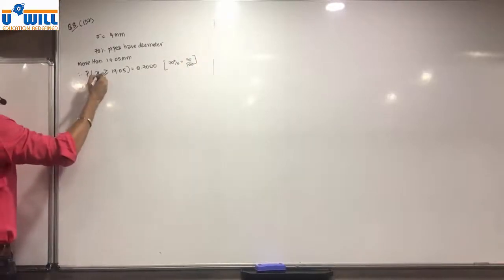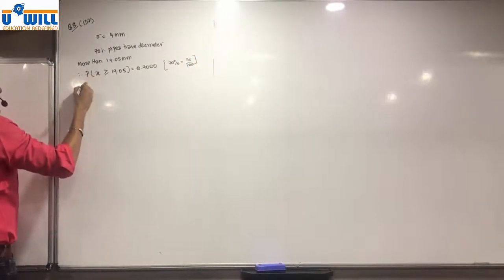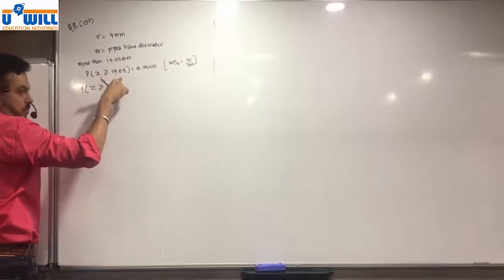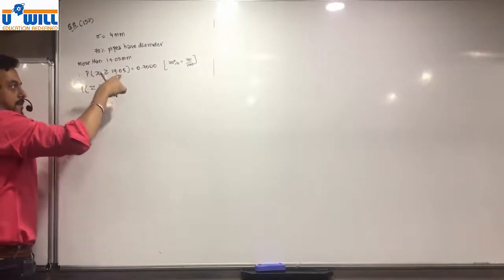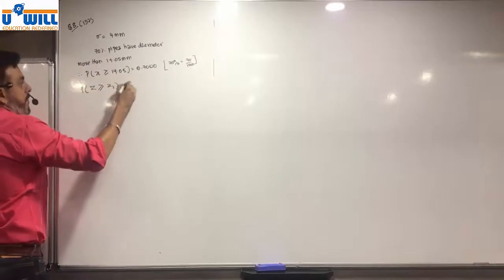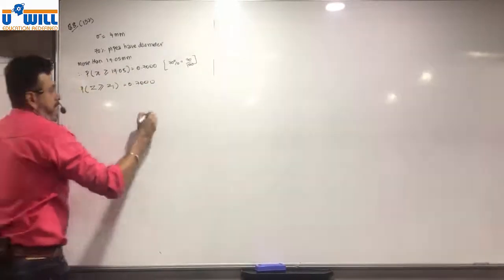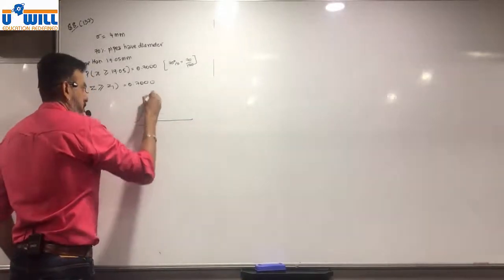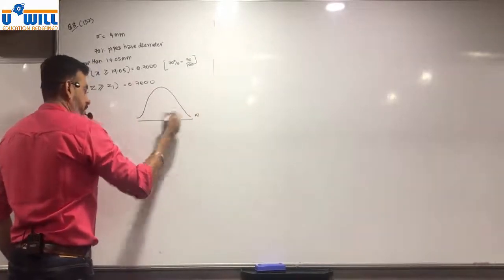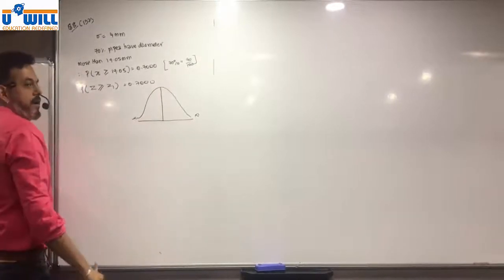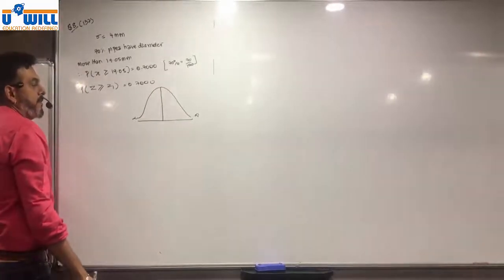Now, we convert X to Z. We take Z1 because here we don't have the value of mu. Probability that Z greater than or equal to Z1 is equal to 0.7000. We draw the graph, from minus infinity to infinity. How much area? 70%.